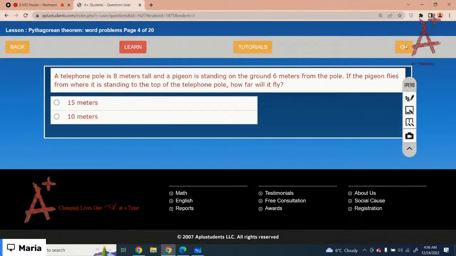The correct option is 8 square plus 6 square, 64 plus 36, which is 100.